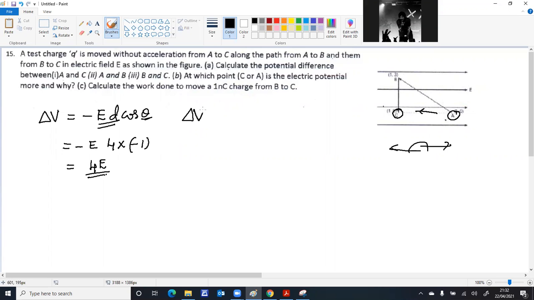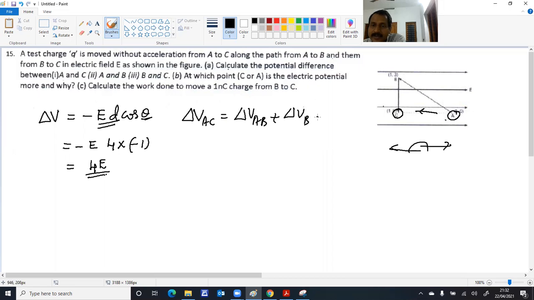So delta V of AC, I can split as delta V of AB plus delta V of BC. The potential difference is from A to B, then B to C, part by part.